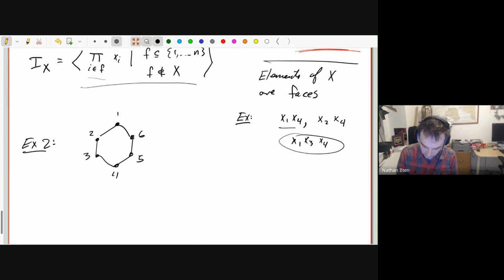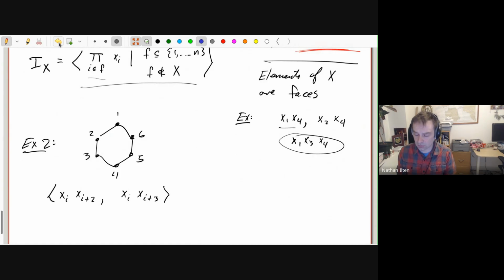The minimal non-faces are things of the form i, i plus 2, where I take my indices modulo 6, and i, i plus 3. For instance, this is a non-face, so that gave me x1, x3. This is also a non-face. That gives me x1, x4. And so these are the generators for this ideal.